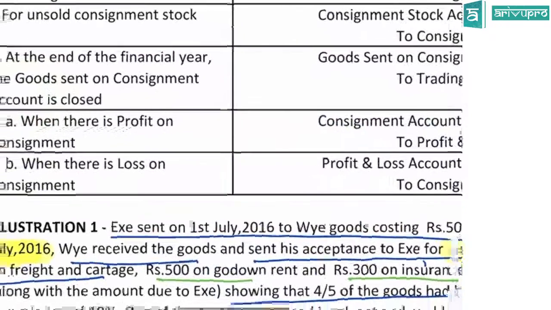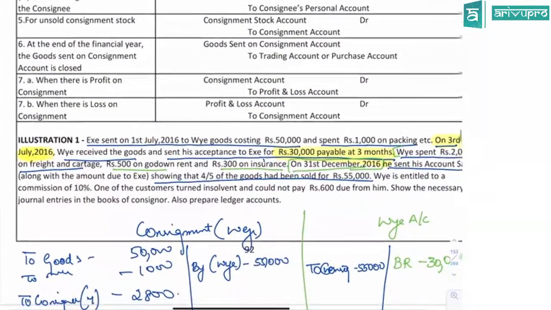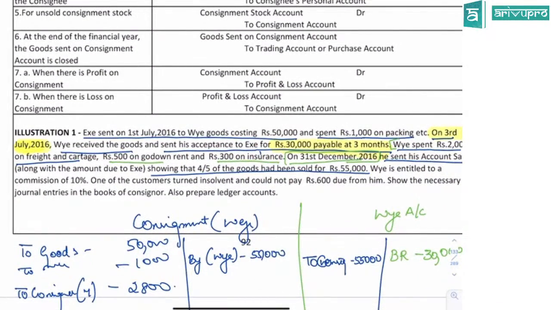Now next one. Y is entitled a commission of 10%. What will be the journal entry for it? Y is entitled for a commission of 10%. What will be the journal entry for it?